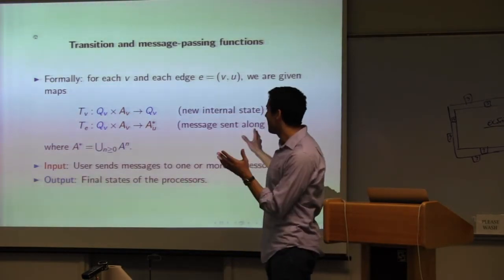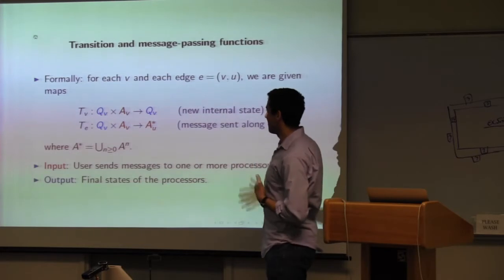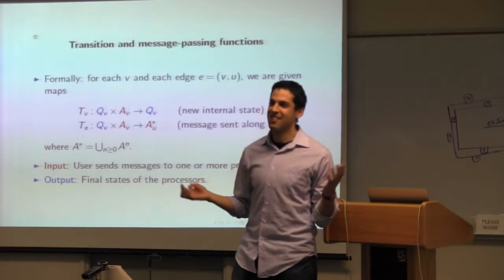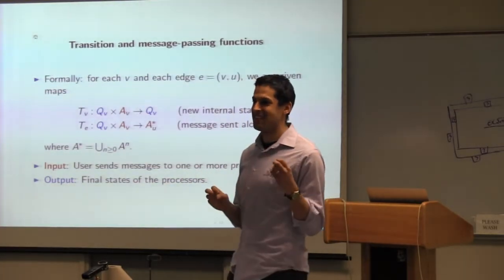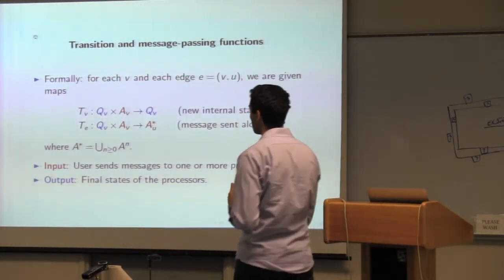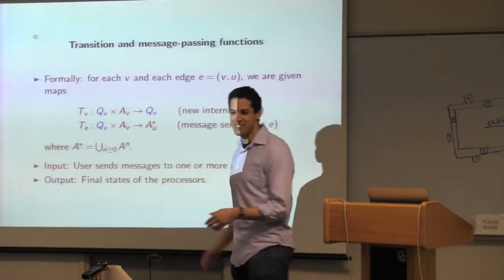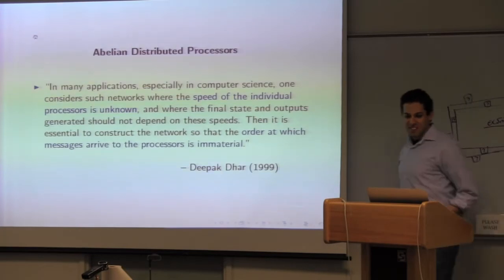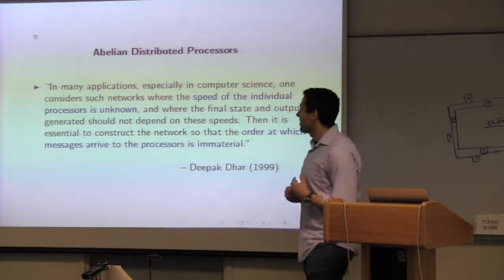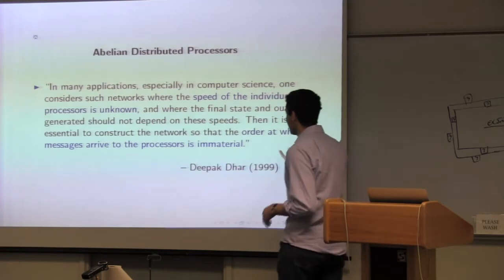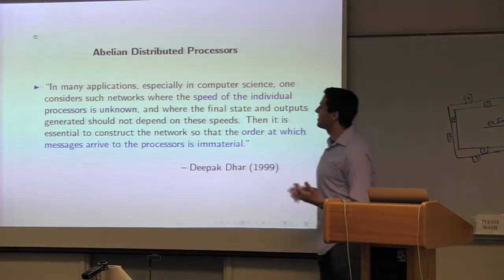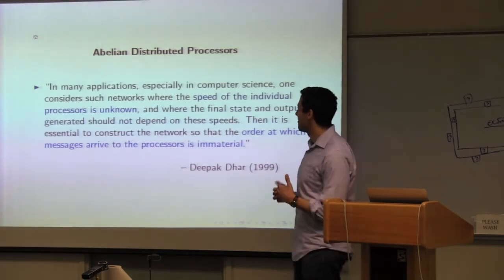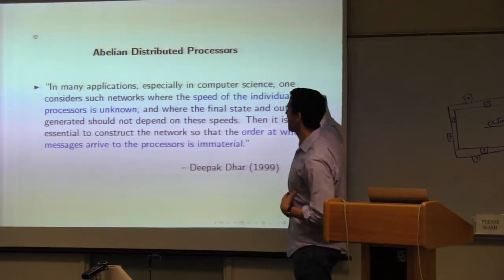Now, in this generality, there's a huge problem with this setup, which is that order might matter a lot. There might be many messages in the system, and depending on what order I process them, I could get a completely different output. Deepak Dhar is a statistical physicist who works on sandpiles, and this whole project of Abelian networks of mine is pretty much inspired by this paragraph in one of his papers.